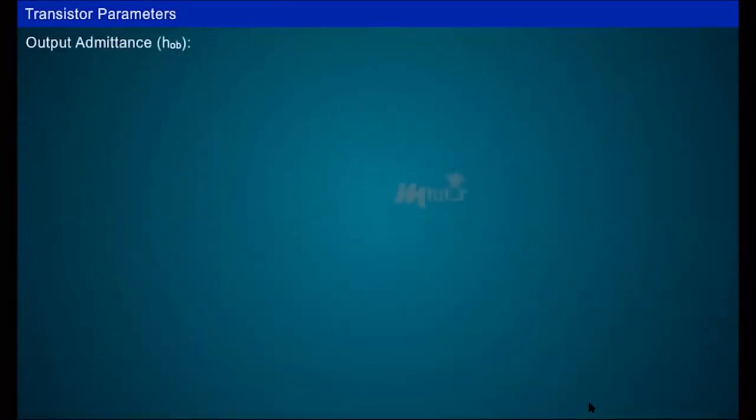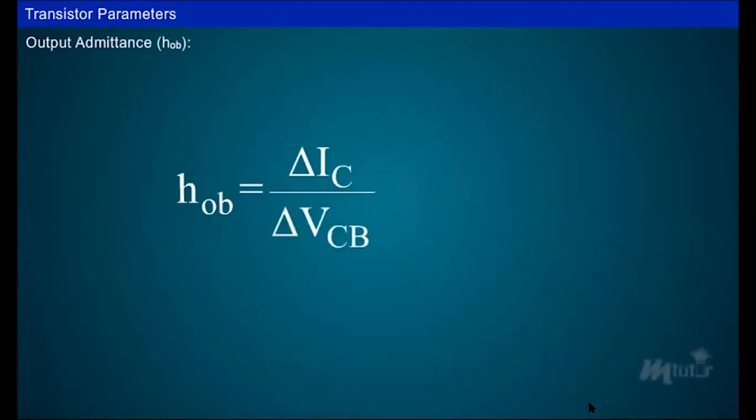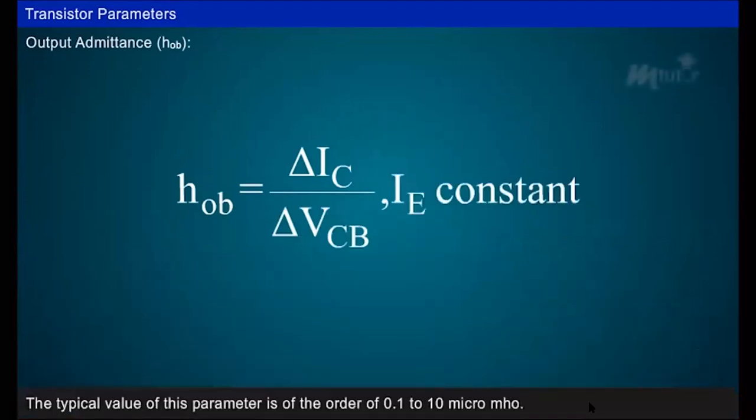Output admittance HOB is the ratio of change in the collector current to the corresponding change in the collector voltage with the emitter current IE kept constant. The typical value of this parameter is in the order of 0.1 to 10 micromho.